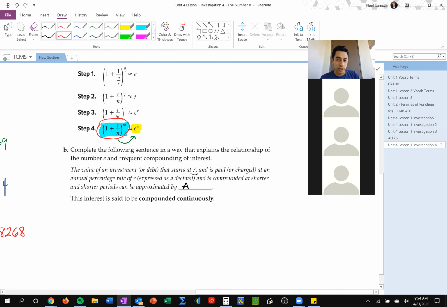But now that we have decided that it's going to get compounded at shorter and shorter periods, we're making the switch over to utilizing E instead. So instead of using the left, now we use the right. Our formula has been simplified: it's the initial amount times E to the R times T. Let me write that a little bit clearer.